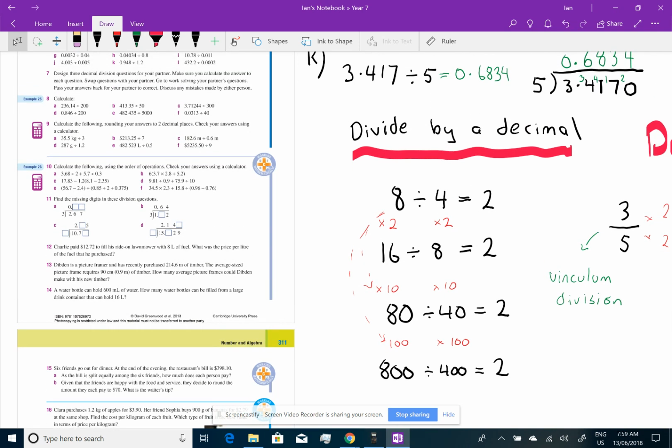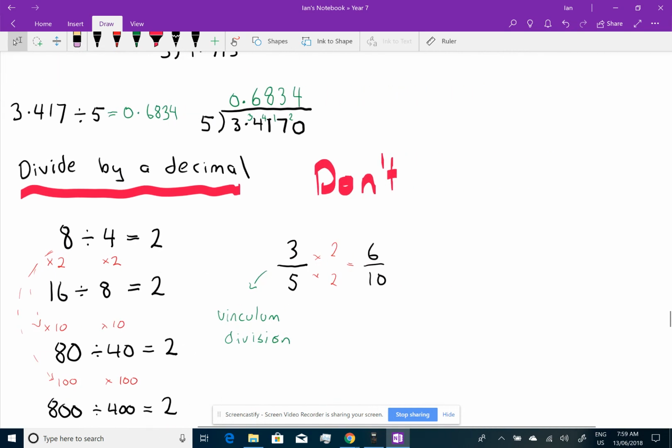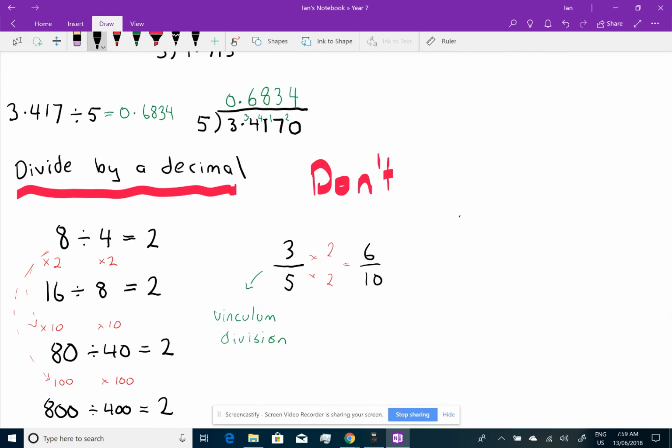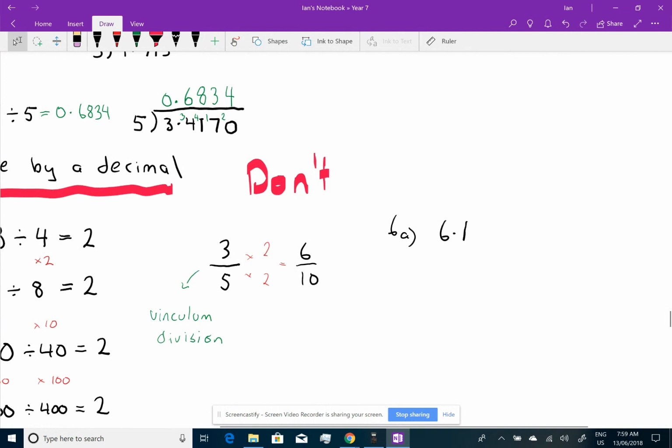Now that's critical to what we're going to do now, because when we have a question like questions in 6, I'm going to do 6a, 6.14 divided by 0.2.